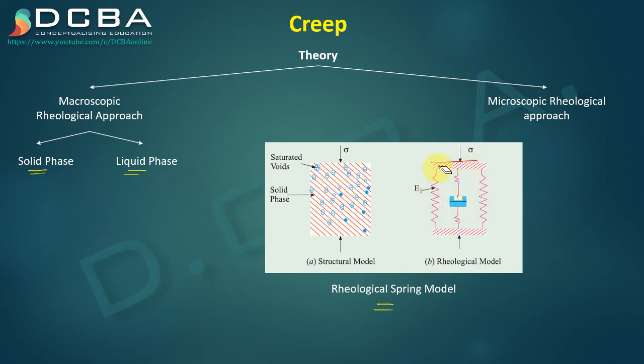But consider the case when the liquid in this can be expelled out. In that case, what will happen when we apply stress over it? This liquid can be expelled out, so this entire mechanism can come down now, and then this spring will also come down. In such a case, we can say that the creep has taken place.